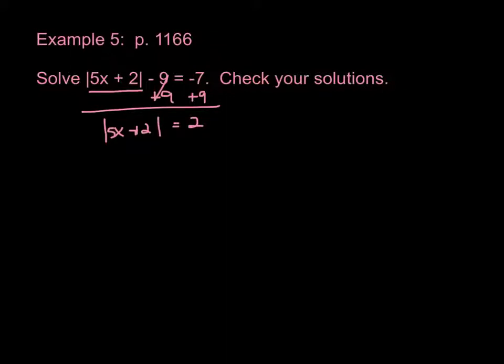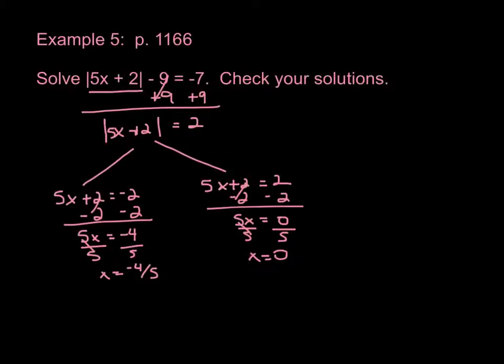Once you have the absolute value part by itself, then you can solve it like we did the previous examples. So this would be 5x plus 2 equals negative 2, and 5x plus 2 equals 2. And then we'll solve for x on both. Solving for x gives me x is equal to negative 4/5 and x is equal to 0.